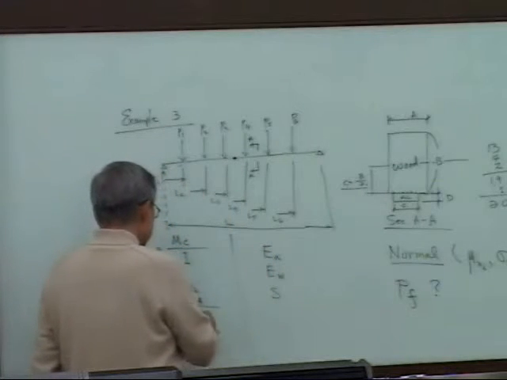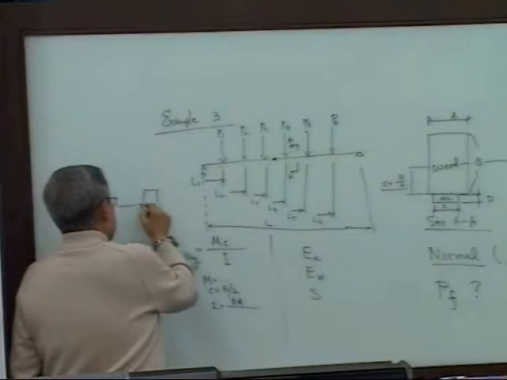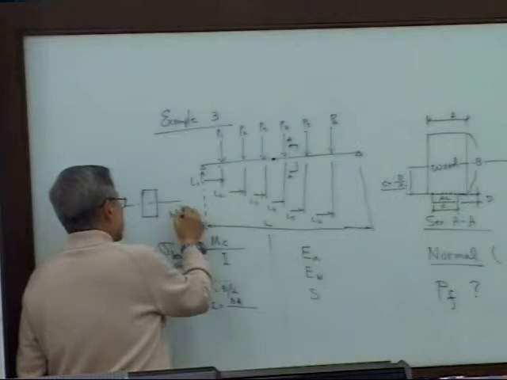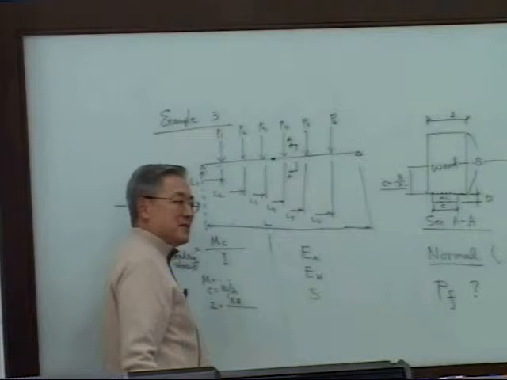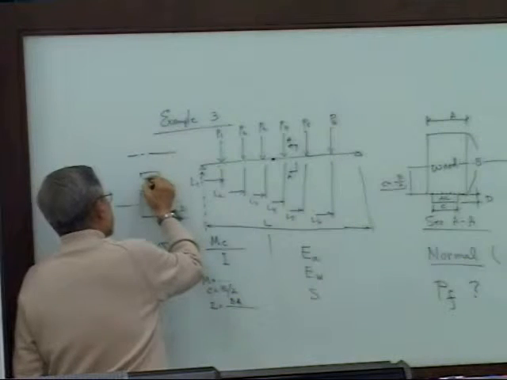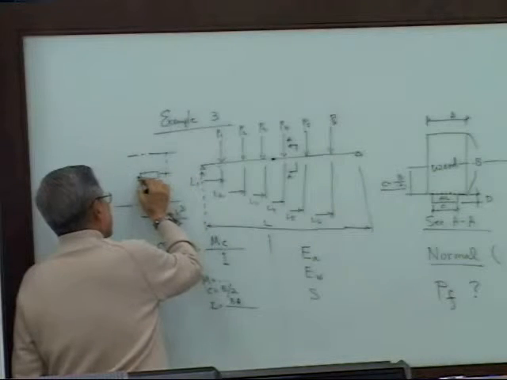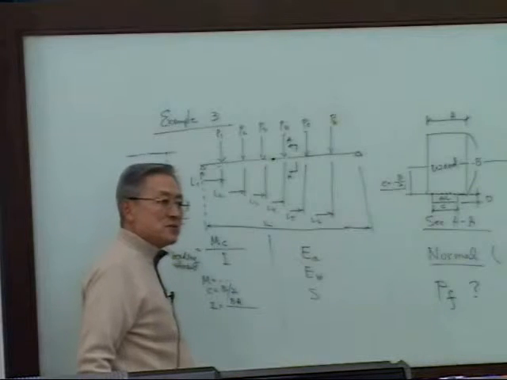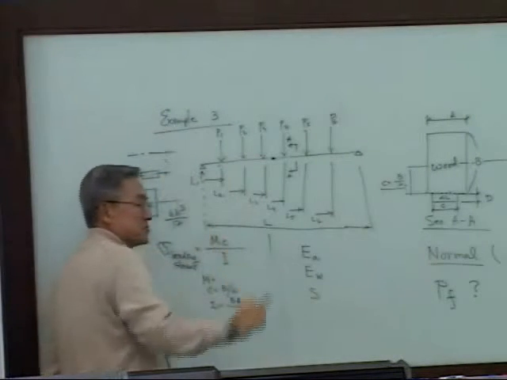And anyway, for a rectangular plate, it's BH cubed over 12, as I recall, something like that. And if it's like this, the moment of inertia about the axis is usually very small because the depth is very small.